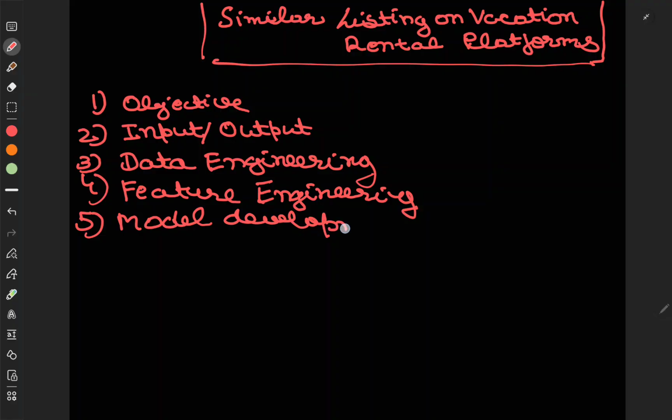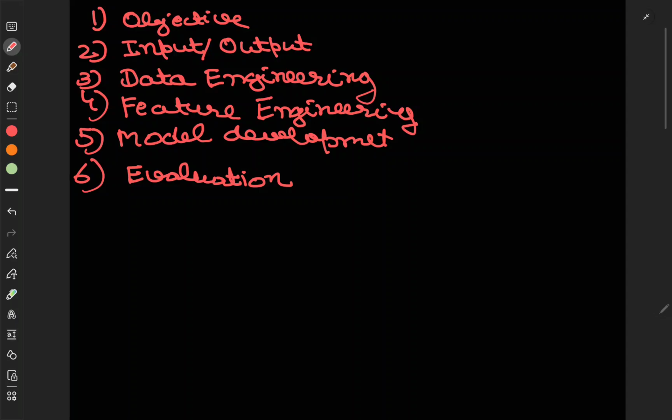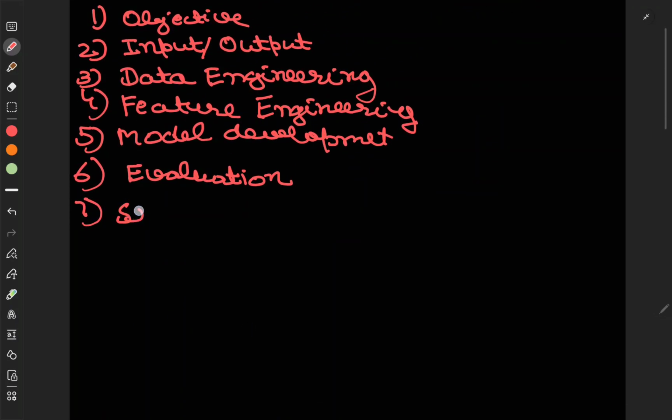Sixth would be to discuss the evaluation part, that how are we going to evaluate what we are going to build today. And seventh would be the serving part, that how are we going to serve it to the end users.